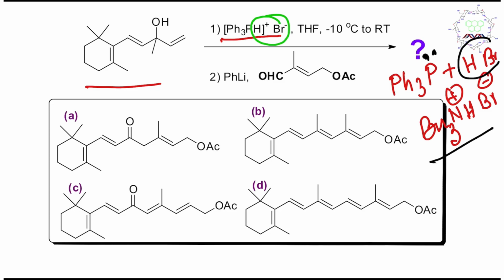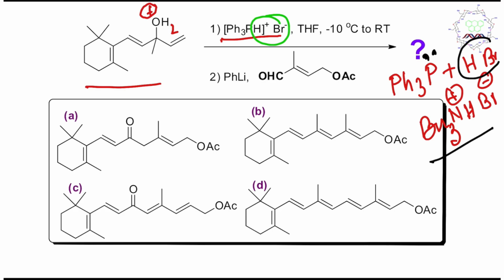Now HBr is actually, students, a hard acid, meaning it releases a proton, and where is the proton expected to go? Obviously, you can see here that the proton will prefer to go to the harder center, and this OH is harder in nature, so it will be protonated to form OH2 plus.